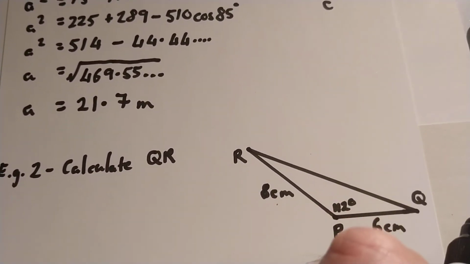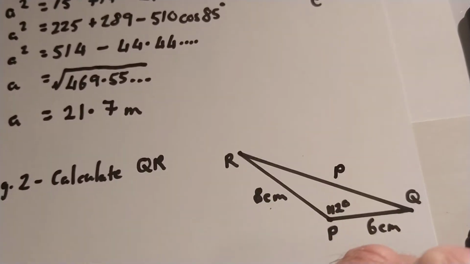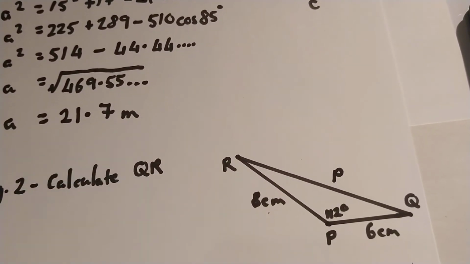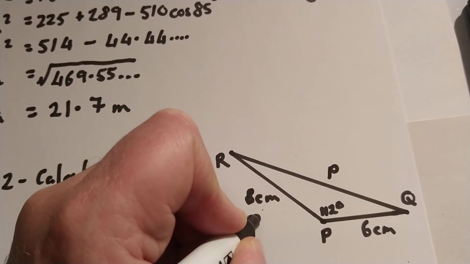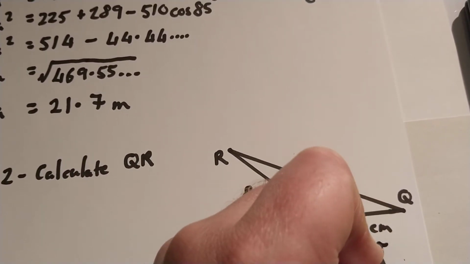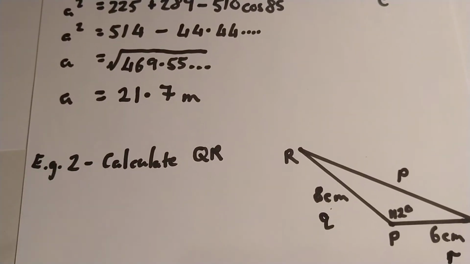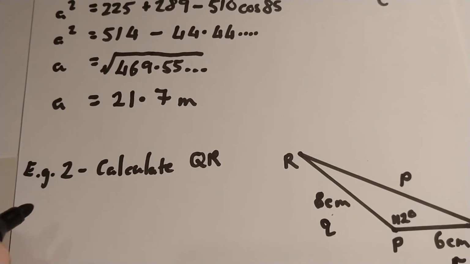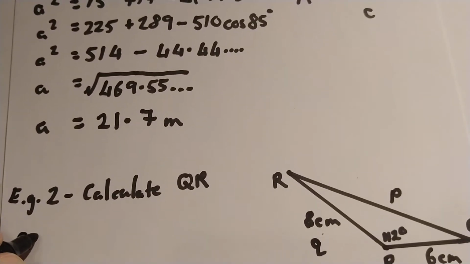Calculate QR. I can call it QR, or I can call it small p, since it's joining vertex Q to vertex R. And I likewise could call this 8 centimeter side small q, and this 6 centimeter side small r. Or, because the question says QR, I can stick with the QR. It's entirely up to you. All right, I'm going to put QR just because it's the same form as the question.